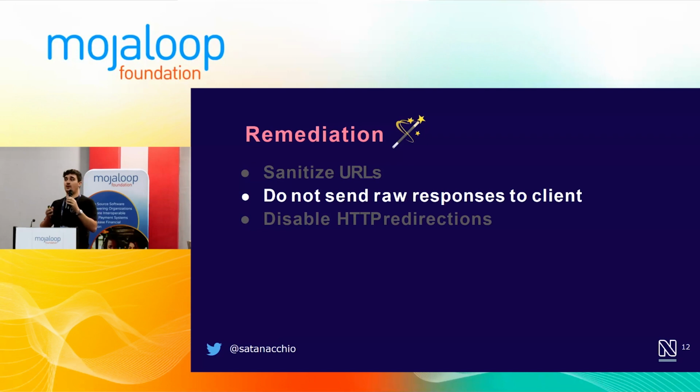If you are calling a third-party API, that could be whatever API, you don't want to pass back to the client the error stack or the raw response. You want to check what's inside the response and get the content and manipulate it, and then return just a simple error, but never disclose information to the client.